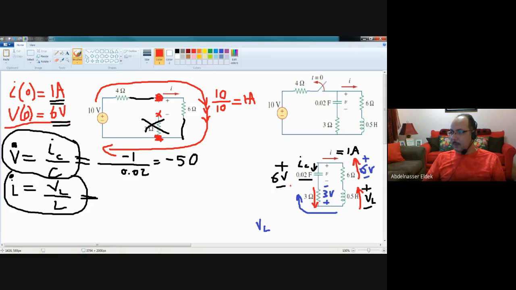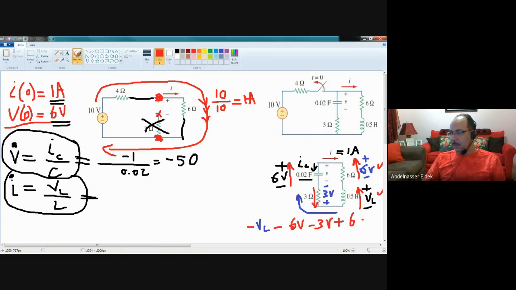This 6 volt is this direction. So if you assume that the clockwise direction is positive, then in this case VL is negative, and 6 volt is negative. I'm talking about the voltage here, this one. So this one is negative, this one is negative. 3 volt is negative also. And the voltage across the capacitor will be positive.